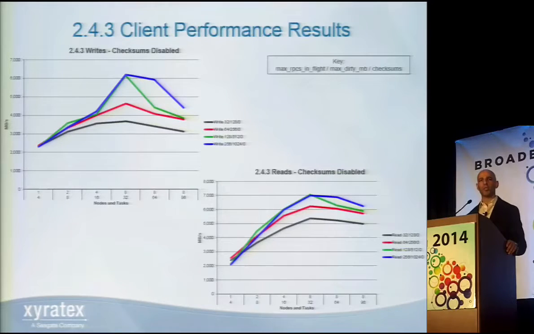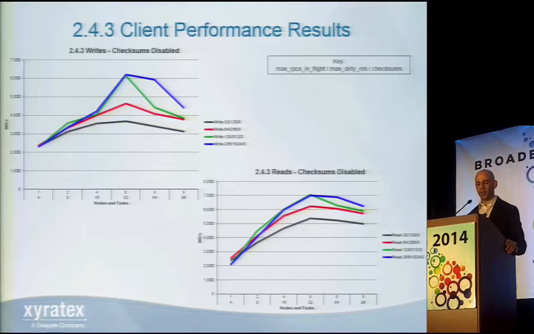With the smaller RPCs in flight, like 32 or 64, we could not get to the maximum throughput of that storage architecture, 60 gigabytes per second. As soon as we got over 128 max RPCs in flight, we were able to get the write performance up, and the read performance up. But once we got to 256, both reads and writes for 2.4.3 maximized storage throughput.